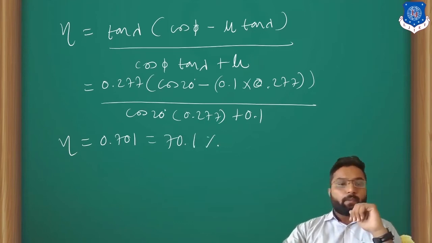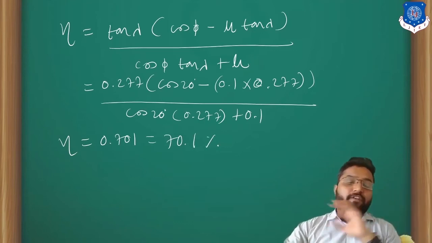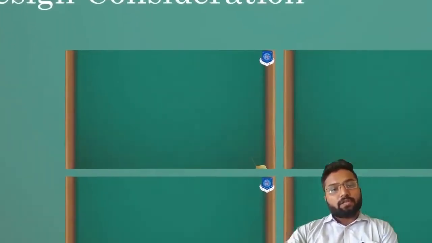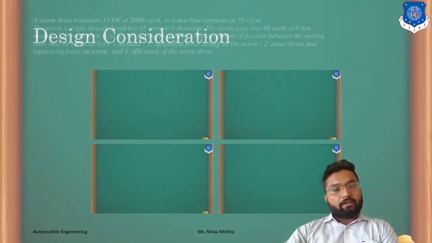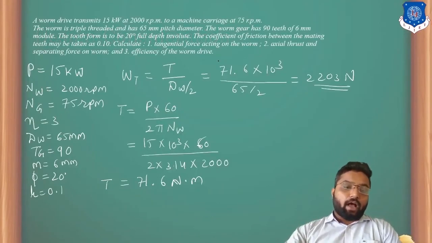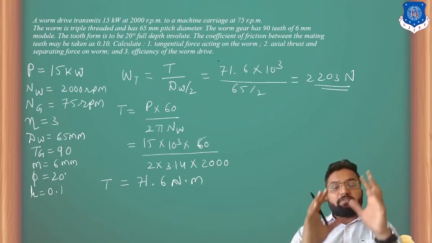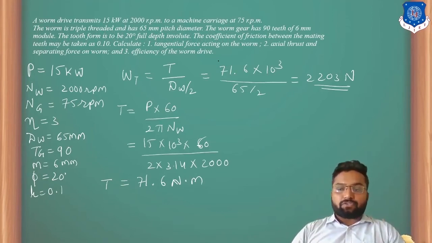So here we are asked three different aspects of this worm and worm wheel. First, we were asked to find WT, the tangential force, which we can find depending on its strength or its power transmission capacity.